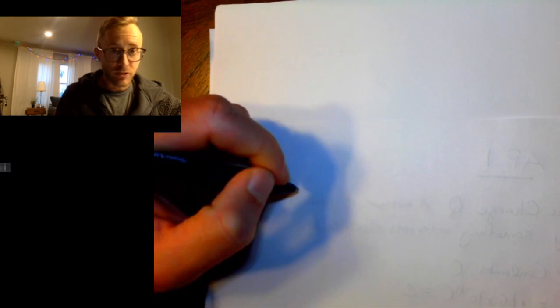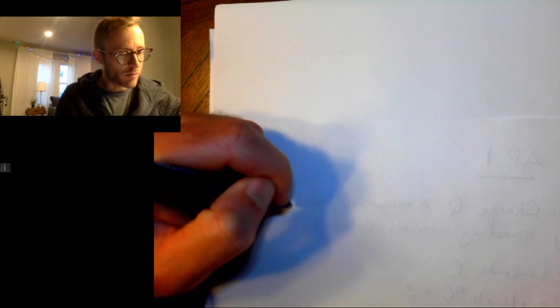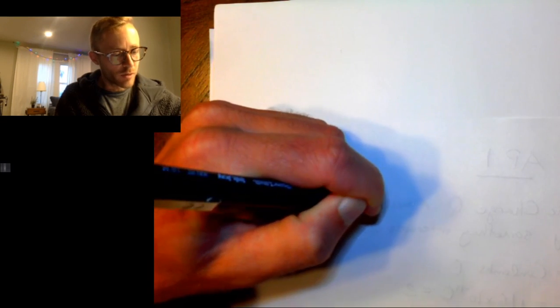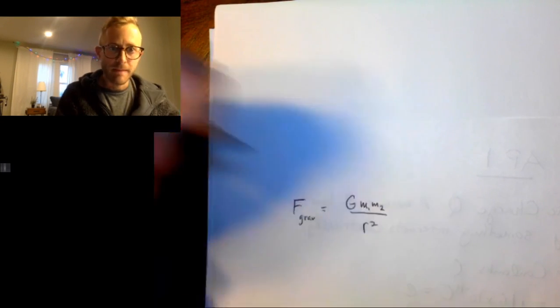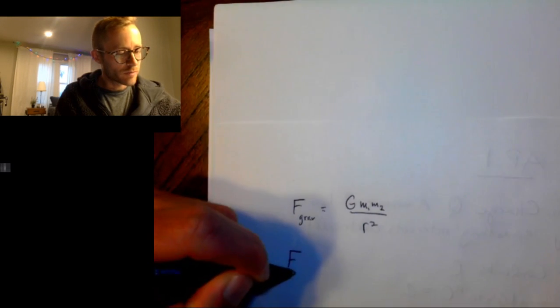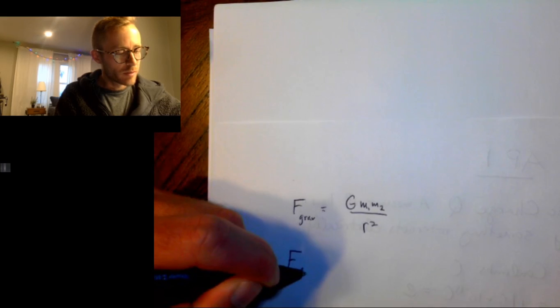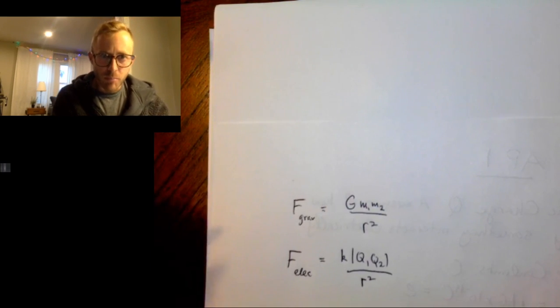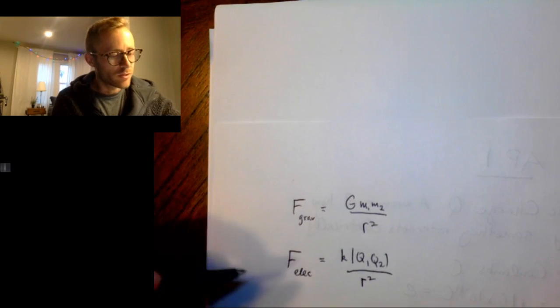I just wanted to talk about similarity to the gravitational force. So you might remember that the gravitational force is G m1 m2 over r squared. And if you compare that with the electrical force, which is K Q1 Q2 over r squared, you can see that they both depend on distance in the same way.